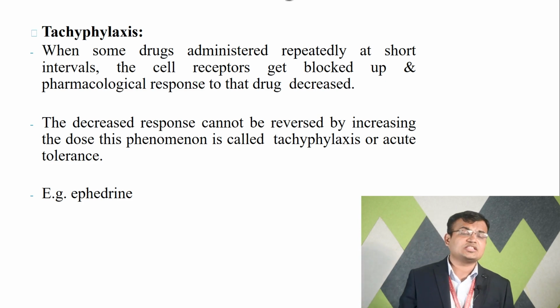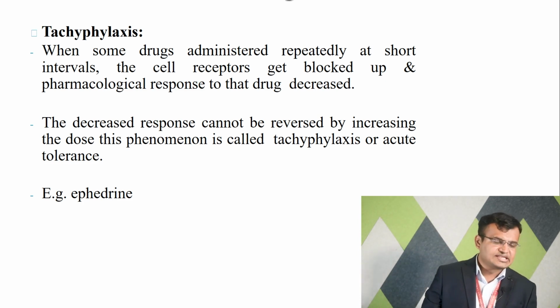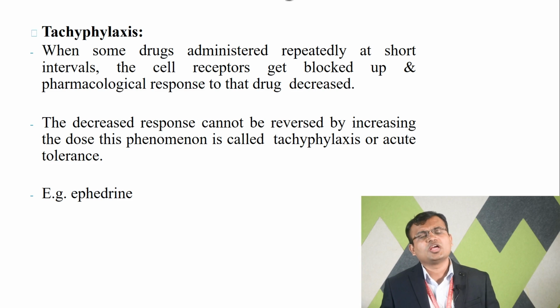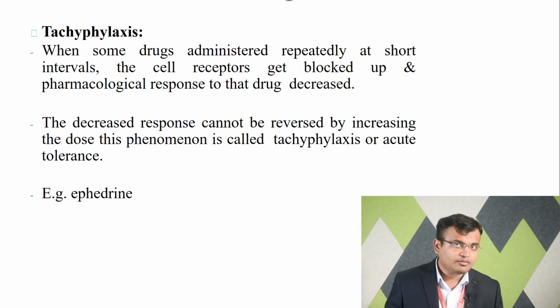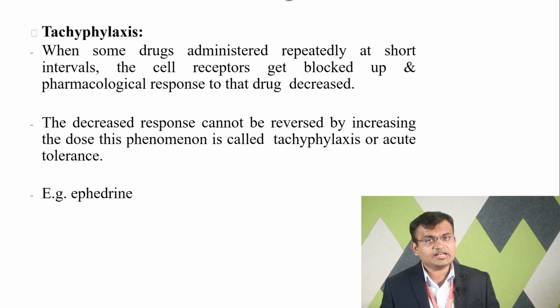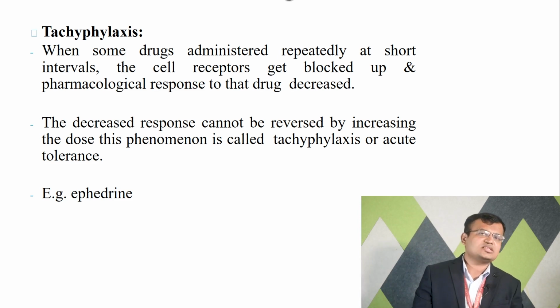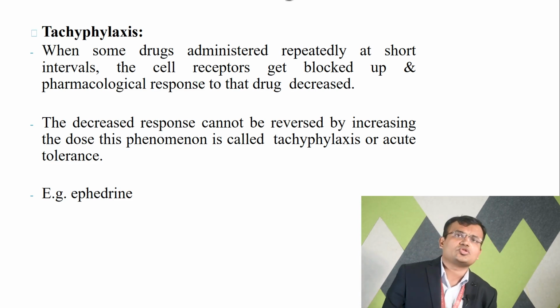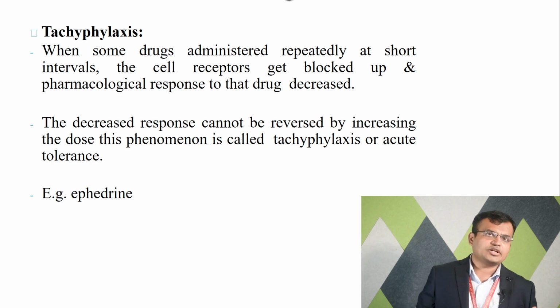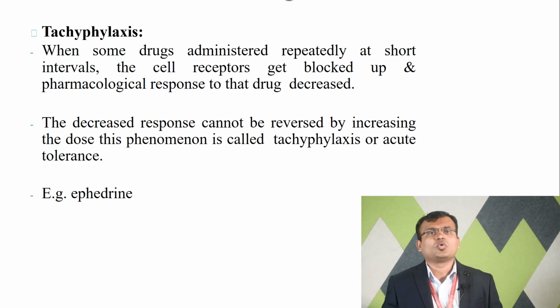So what do you understand about the difference between tolerance and tachyphylaxis? Tolerance is related to a particular drug being used for a long period of time, and suddenly if you administer the same drug at a short interval of time, then the receptor will get blocked.